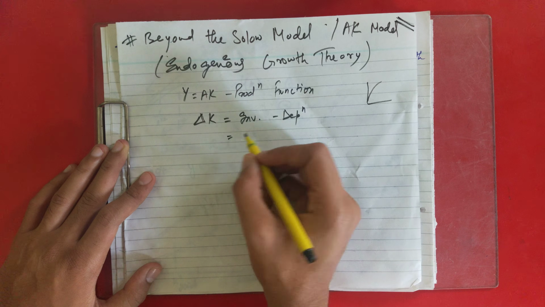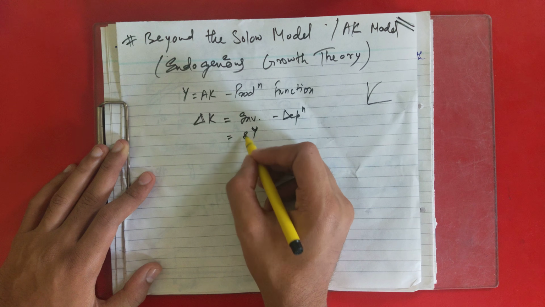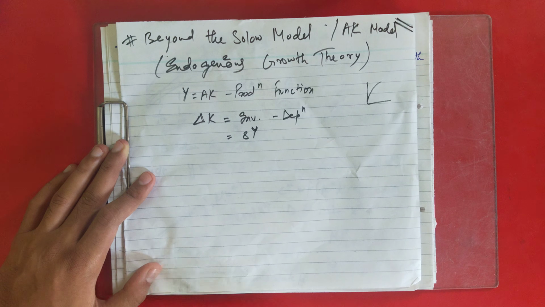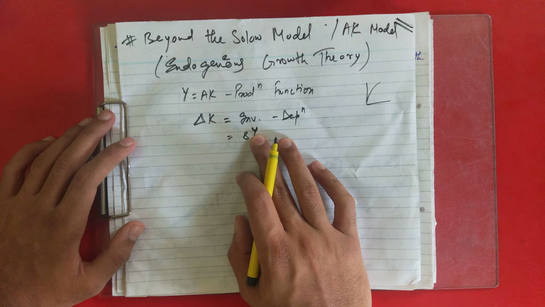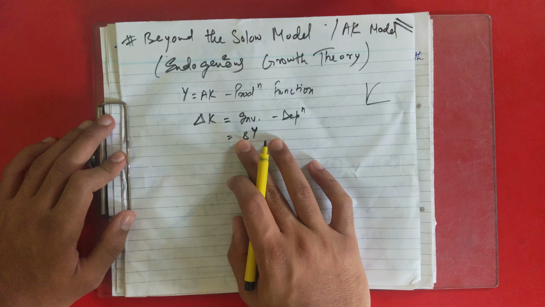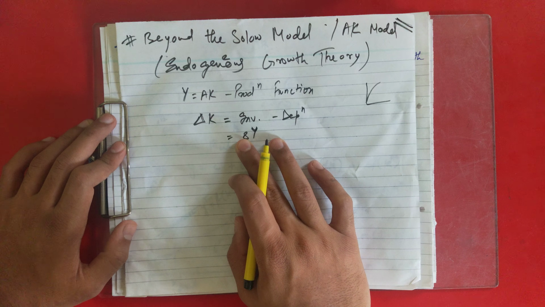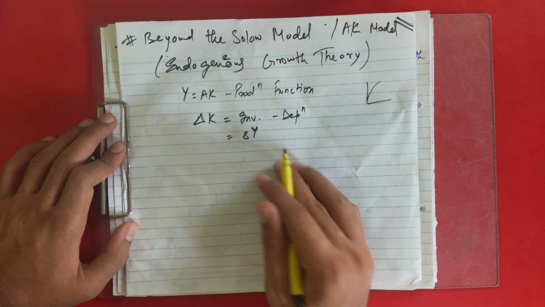Now what can I write for investment? It is small s into Y, that is your saving rate into your total income, because we always assume that your whole saving goes into investment. Your income is distributed between consumption and investment only. There is no idle saving in the economy, so whatever you are saving, you are just investing.